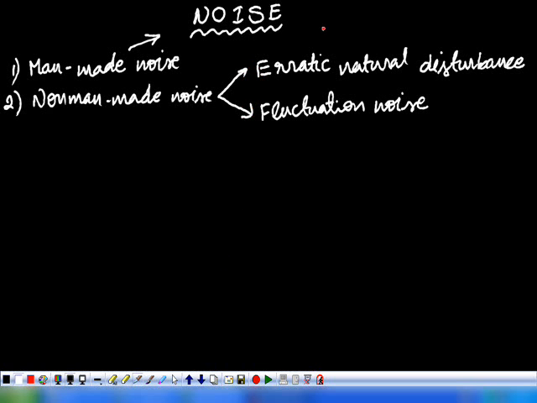Here, erratic natural disturbance is due to intergalactic disturbances or some radiations in the solar system. Such disturbances take place, and that is called non-man-made noise, the erratic natural disturbance. We already know that in the solar system there may be electromagnetic radiation.